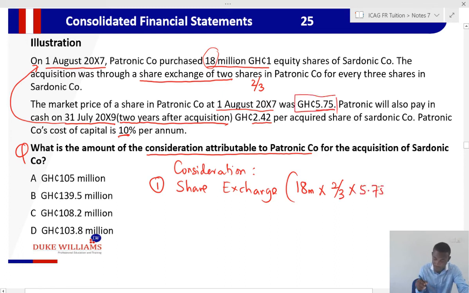And please be careful, you can be given the share price of Sardonic, who is the subsidiary. We do not use that to measure the share exchange value. So here, let's see, it is 18 times 2 divided by 3 times 5.75. That gives us 69 million.